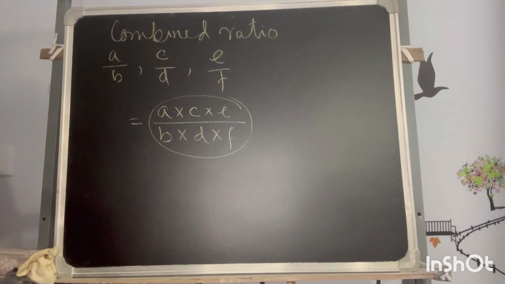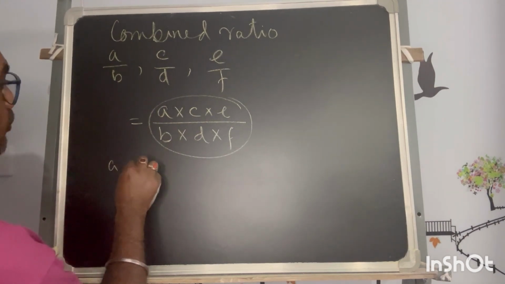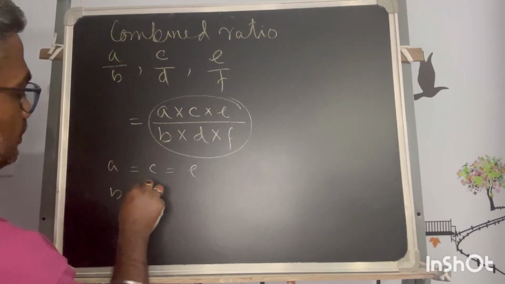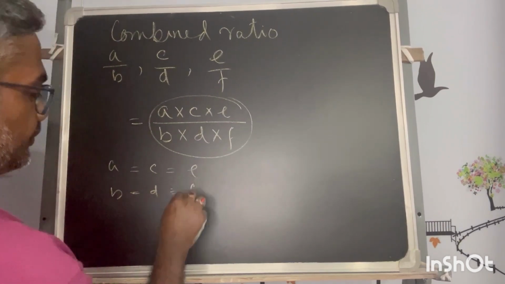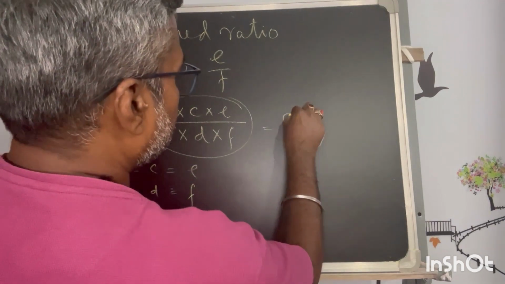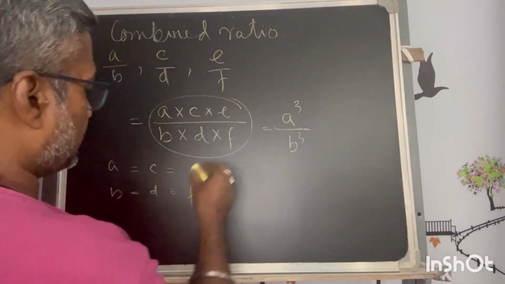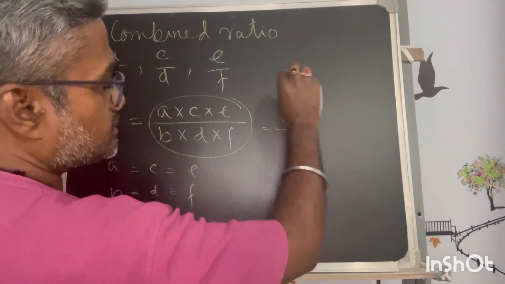Okay. So now in this case, if a is equal to c is equal to e and b is equal to d is equal to f, if it is so, then this will turn into a cube over b cube, or any of these three. So all are same. So a cube over b cube.